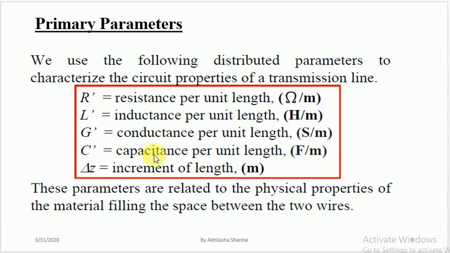And C is the capacitance per unit length. And what is this del Z? This is the increment of length. These parameters are related to the physical property of the material filling the space between the two wires. So that is all about the primary parameters of the transmission line.